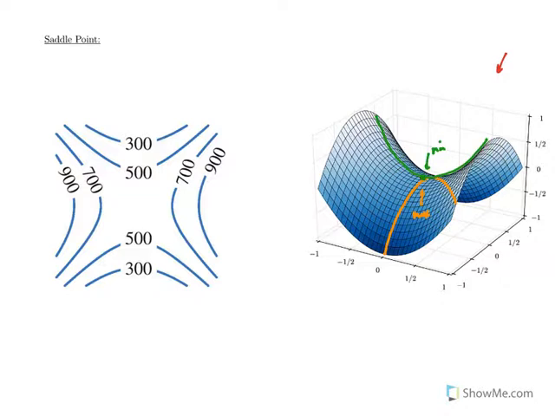If you think about it in a contour diagram, if you look at one direction here, just following that and what contours it hits, it goes from 900 to 700 to something below 700, back to 700, back to 900. That's a valley.